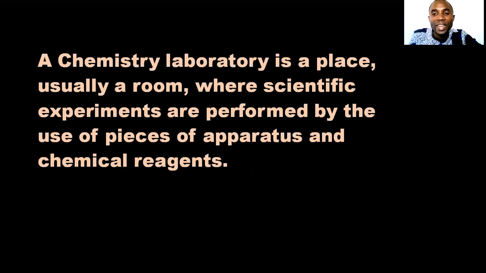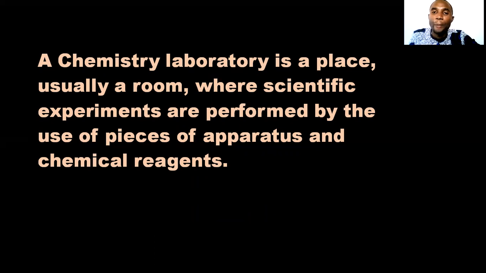A chemistry laboratory is a place, usually a room, no matter how large it is, it may be as big as a hall, where scientific experiments are performed, where we use pieces of apparatus and chemical reagents. Where we carry out chemistry experiments is what we call a chemistry lab.